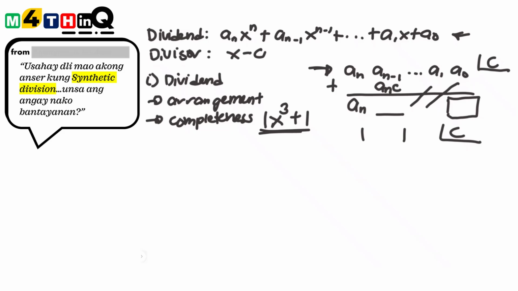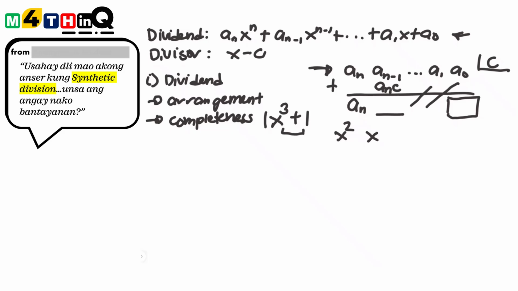polynomial dividend, because we are expected that if we're going to write our synthetic division, we need to make sure that the necessary terms here should also have representation. So it's not 1 and 1, because we don't have here x squared, we also don't have x.